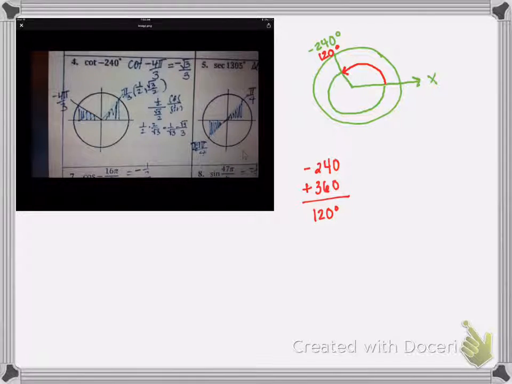On the unit circle, this spot is right past 90 degrees, and it's the highest above our negative x-axis.